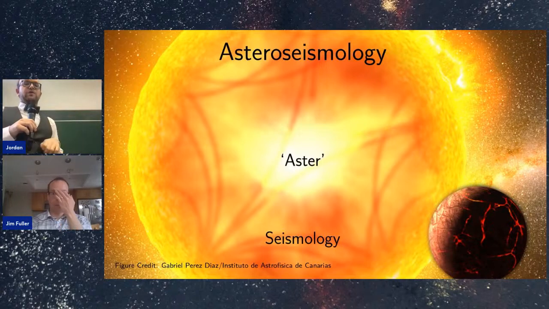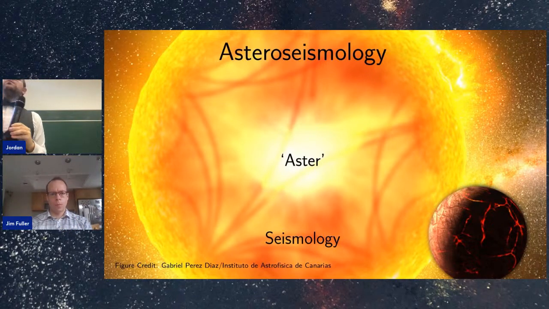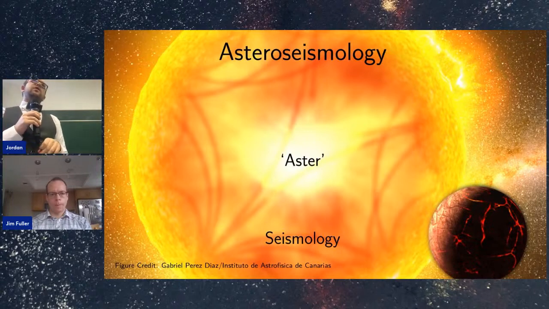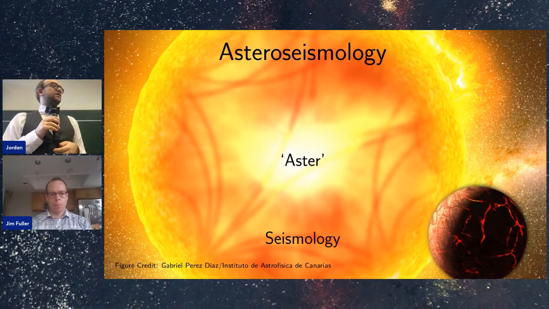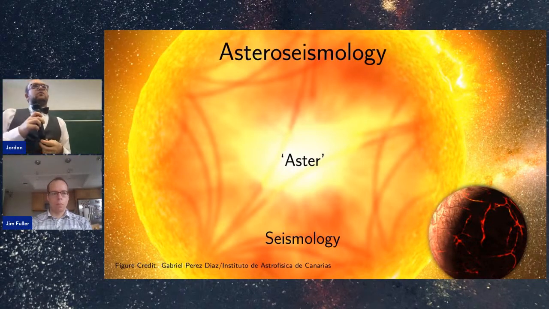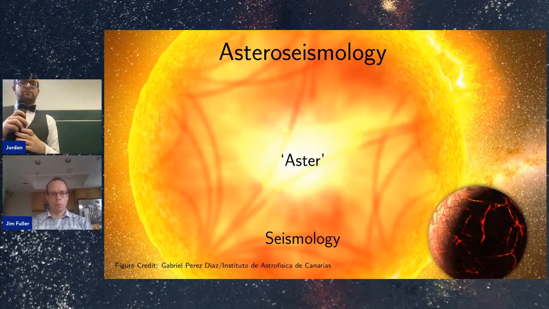The first part is aster, which is the Greek for star. And seismology refers to the study of waves inside a specific medium that can be used to determine the properties of that medium and any processes that go on inside it, for example the use of earthquakes to study the interior of our Earth.